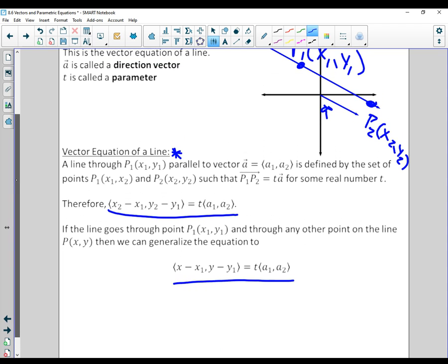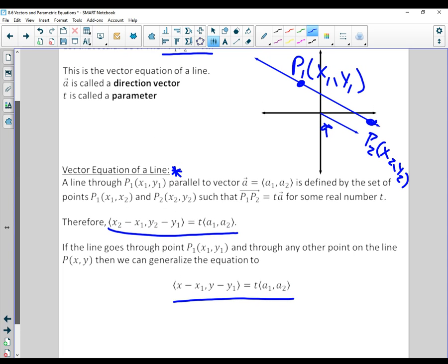And this is why I wanted to do all that previous stuff, so we know why it is what it is. A line through P1, X1, parallel to this vector, something we just made, is defined by the set of points P2 such that P1P2 is TA. That's everything we just did. So the difference in the x is x2 minus x1, y2 minus y1.